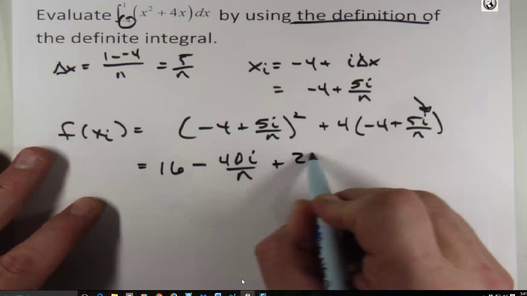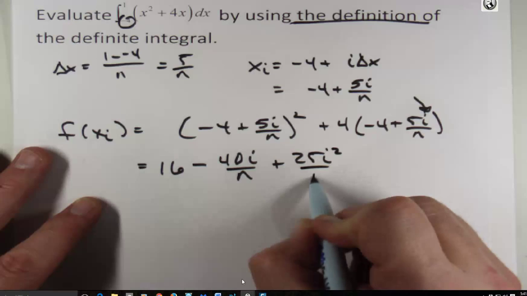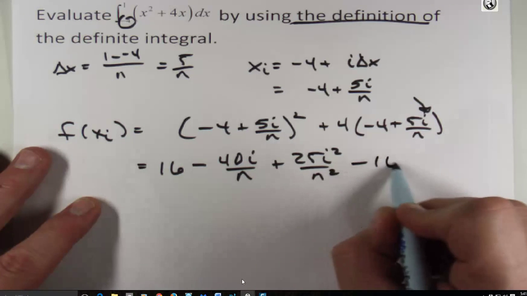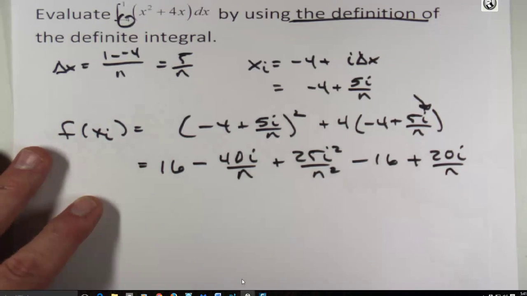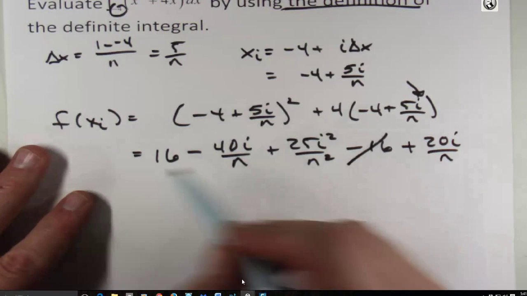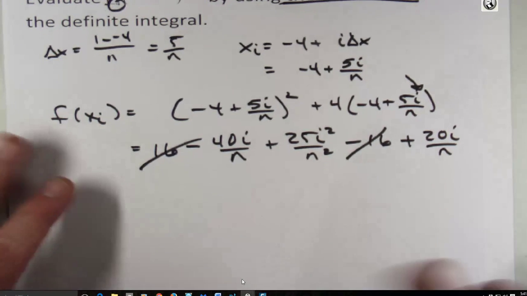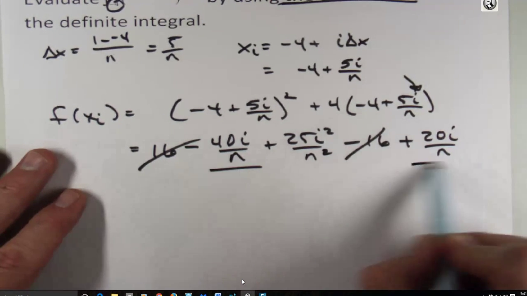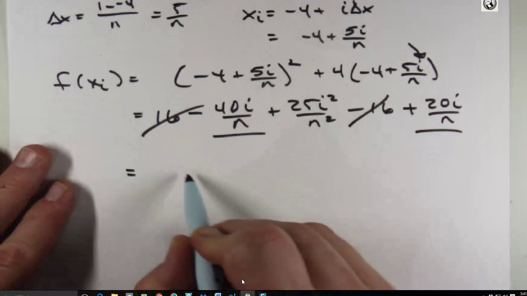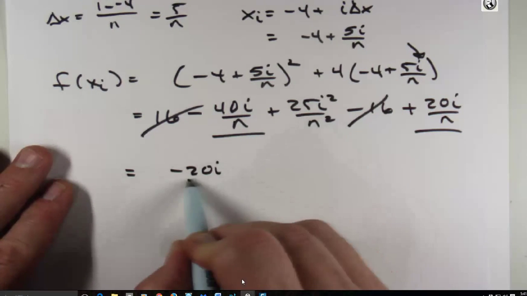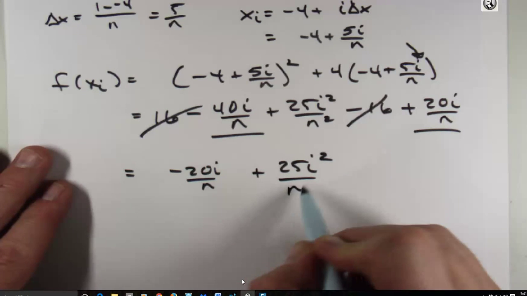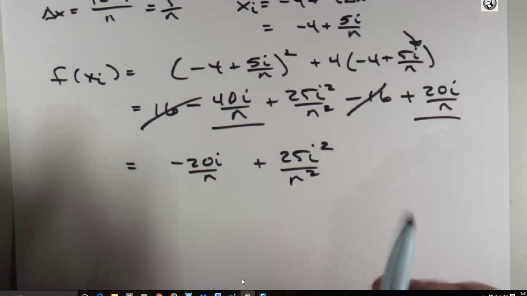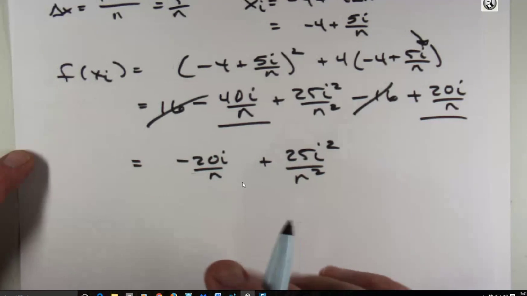Plus 25i squared over n squared, minus 16 plus 20i over n. The 16s simplify out. Whoo, that helps. But don't miss this. So I get -20i over n plus 25i squared over n squared. That's just the height of the ith rectangle.